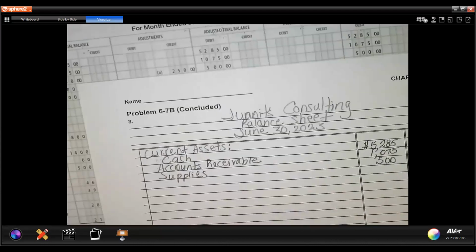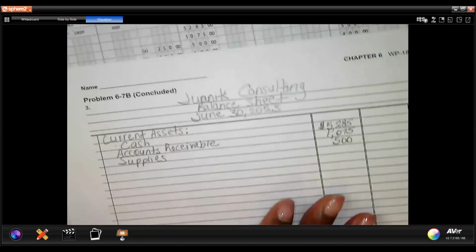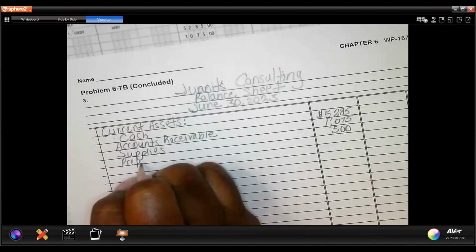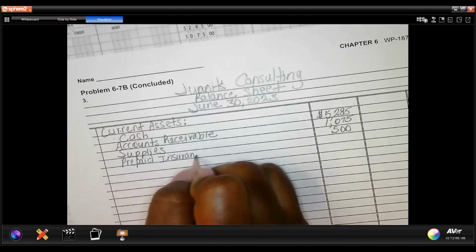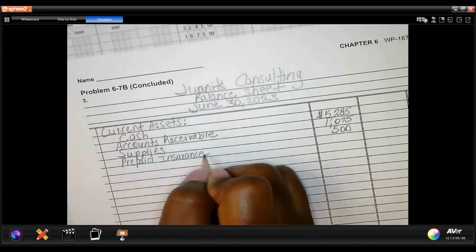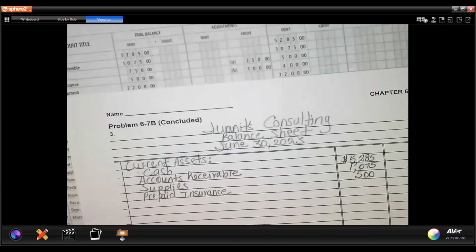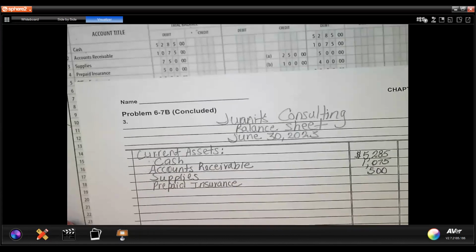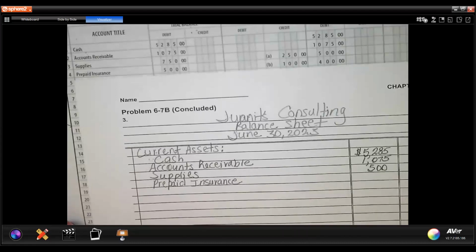So our prepaid insurance account is going to be listed next, which is our next asset account. And again, we had to make some adjustments to that account as well. As you can see here, we purchased the insurance policy for $500, and we used up $100 of that insurance policy for the month.